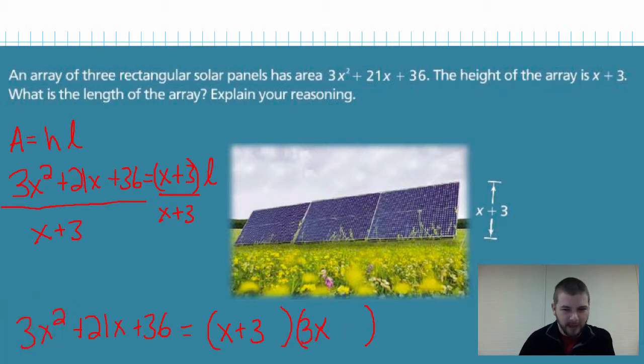That works. 3x times x is 3x squared, and now it's just a matter of finding the constant to fill in this place. Now we know that 3 times this constant, recall we call those our last terms, when multiplied need to have a product of 36. 3 times what is 36? 3 times 12 is 36. So we have a possible solution here.